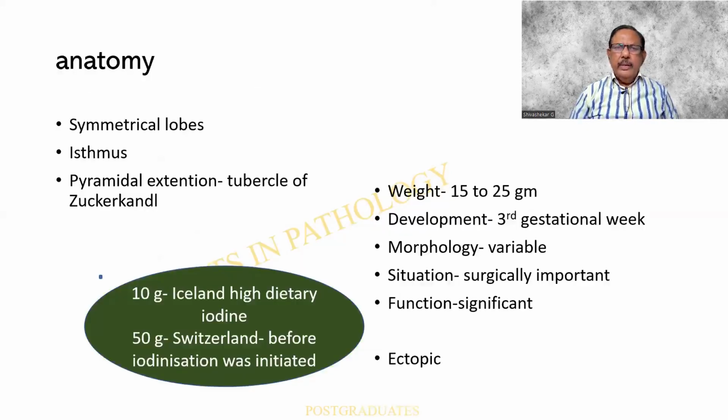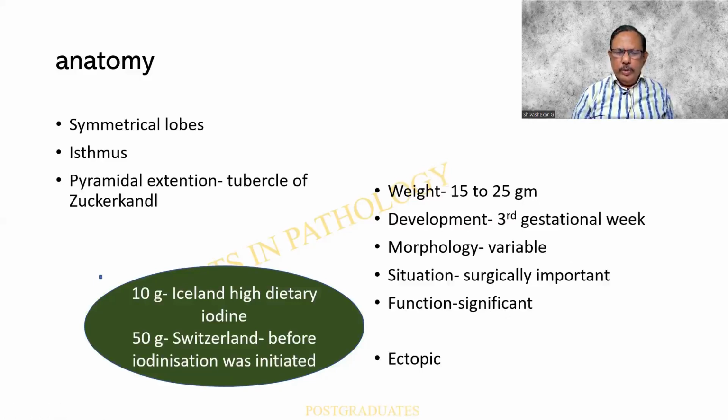Coming back to the anatomy, it is composed of symmetrical lobes, the thyroid, connected by the isthmus. There can be a pyramidal extension called the tubercle of Zuckerkandl. The weight is approximately around 20 grams; 15 to 25 is the range that has been given. It develops in the third gestational week. The morphology can be slightly variable. Mild asymmetry is permissible. Situation is surgically important and the function is also significant.